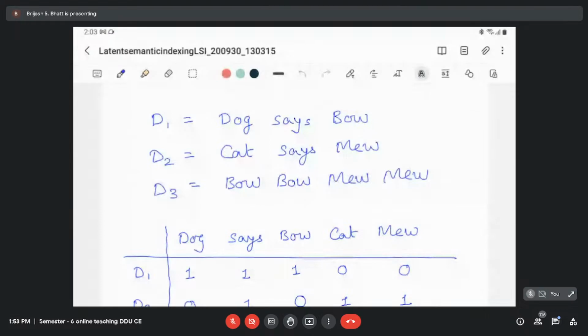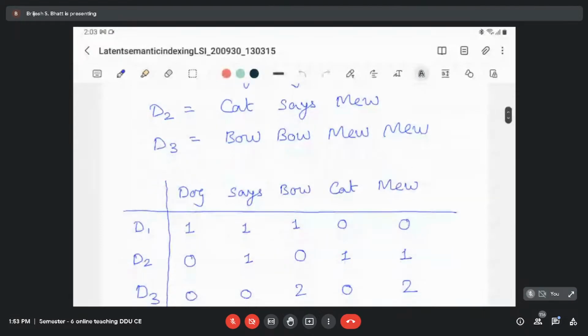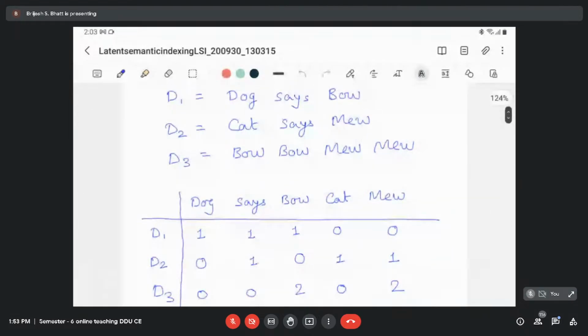Let us say we are just using raw frequency count. So we'll see how frequent the words are in the document. In document one, dog occurs 1, says occurs 1, bow occurs 1, cat does not occur in document 1, so count is 0, and meow does not occur in the document, count is 0.